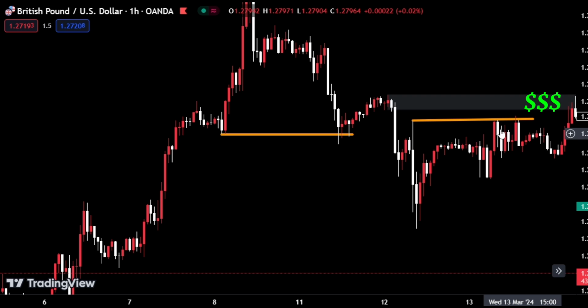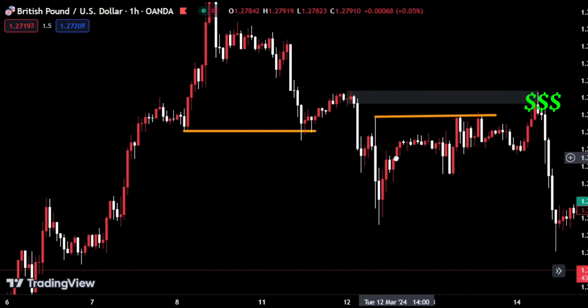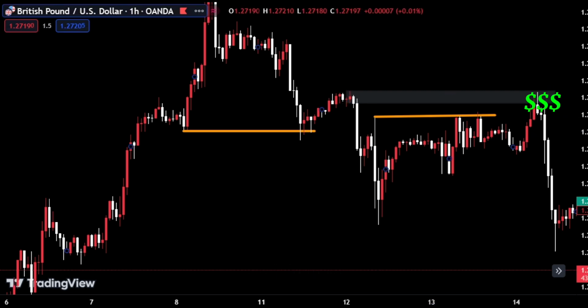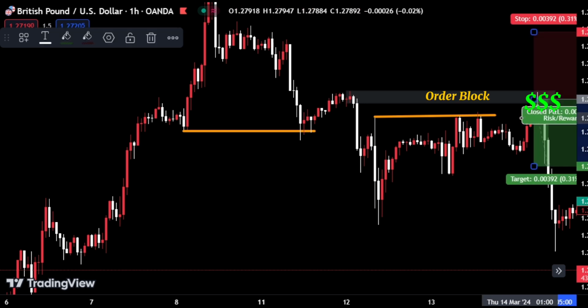So you see here, let's mark our zone. So clearly now we have marked our zone, guys. I'll be showing you guys how to mark your zones in this particular video. So you see how the market went to that area. In this particular case, you would have just gone for your 1:3.